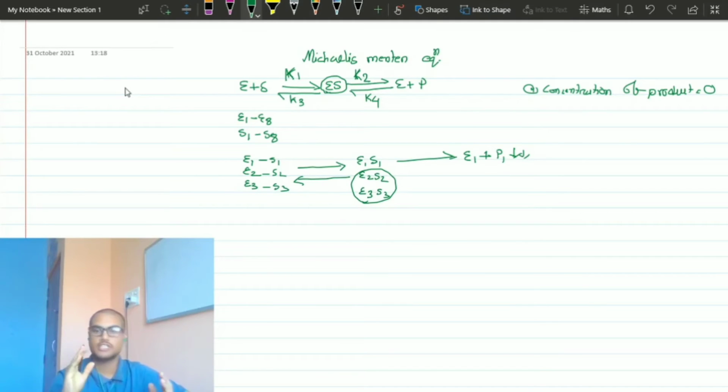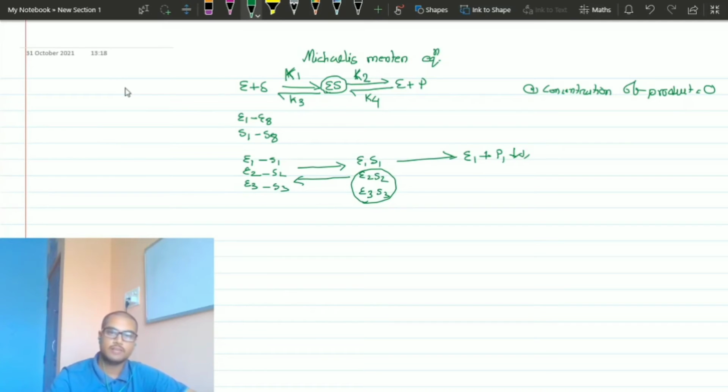That's why the concentration of enzyme substrate complex is a little bit higher compared to the enzyme and product concentrations. As the product concentration at the very initial stage is very low, we can neglect it. It's negligible.